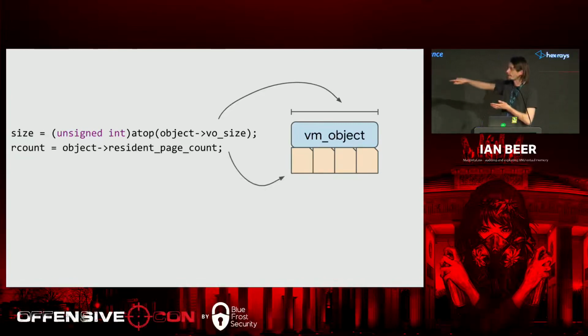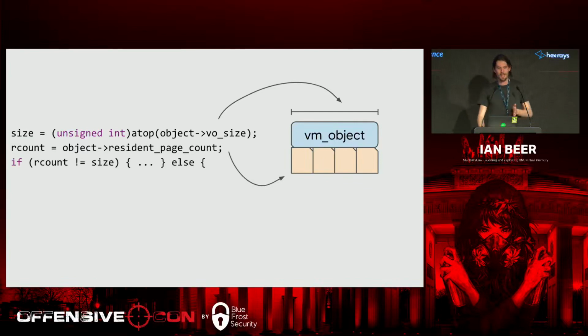It doesn't have to traverse the linked list to count them, it just stores this count as pages are added and removed. So it's trying to do something very simple here. If those two numbers match, then they can drop a reference on the VM object and free all these VM pages because they can't possibly be referenced from anywhere.